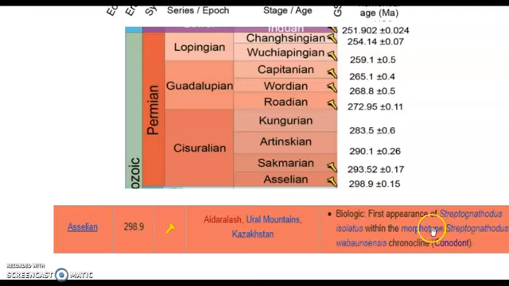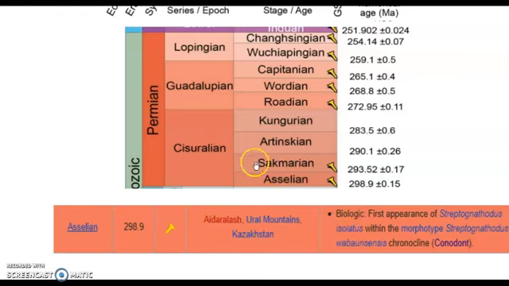Its name is very hard to pronounce, so just remember that the lower stage is marked by the conodont. The conodont is the GSSP, and the region is Aidaralash in the Ural Mountains.